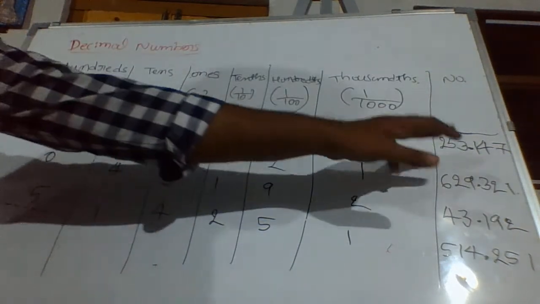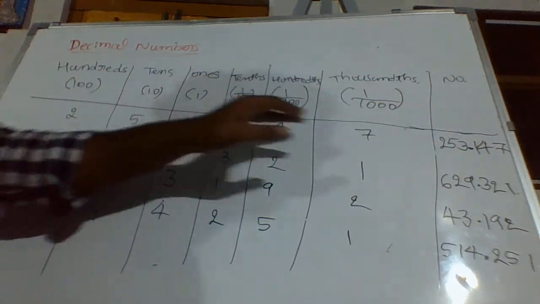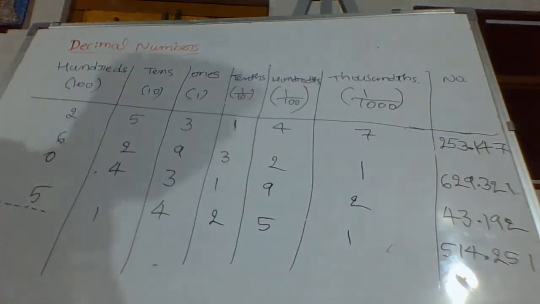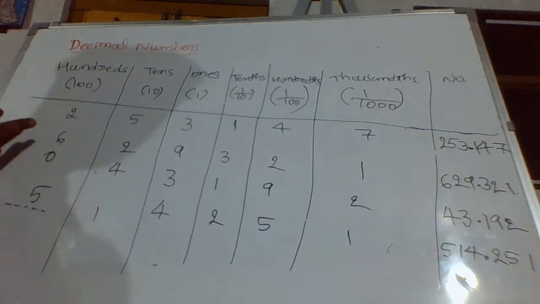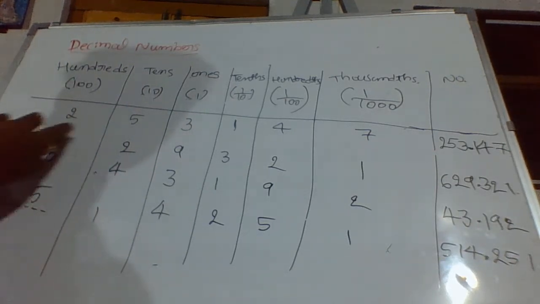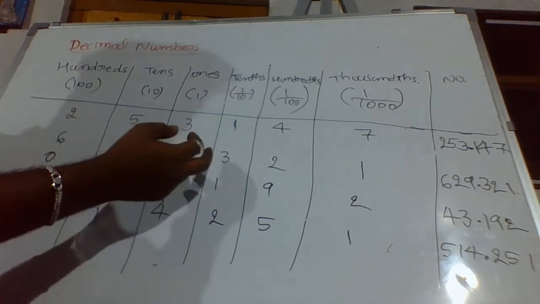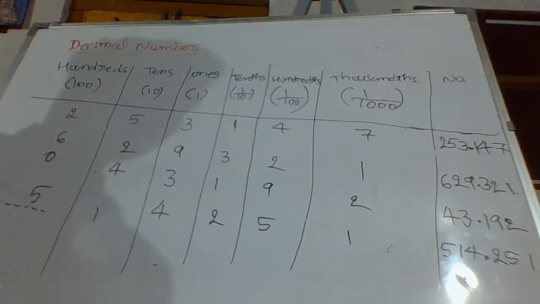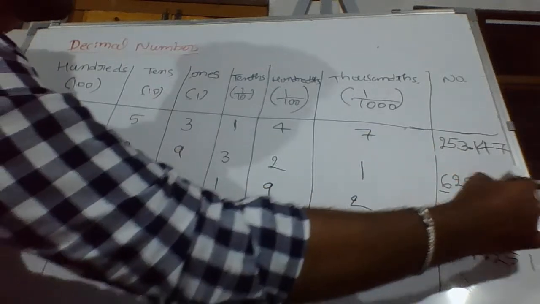Therefore directly they have given 253.147. Like that only in the second example also it is directly written, 629.321 is the answer here.